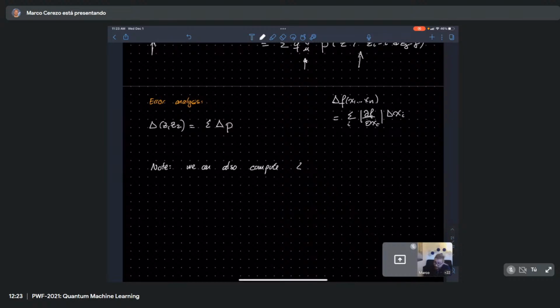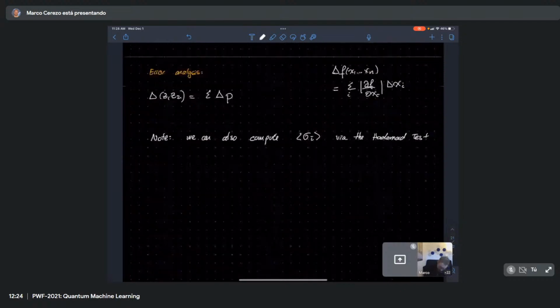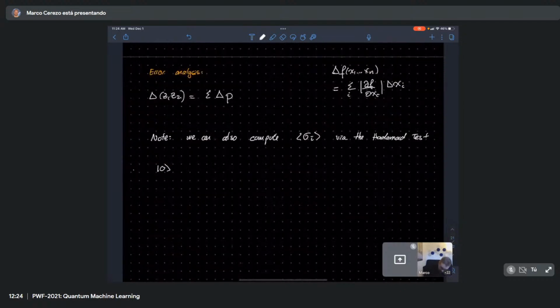For instance, and this is specifically useful whenever you have very big Pauli strings and you have to measure a lot of qubits, right? Sigma i, via the Hadamard tests. How? We start with an ancilla qubit, as we always do. We start with our system, psi zero.